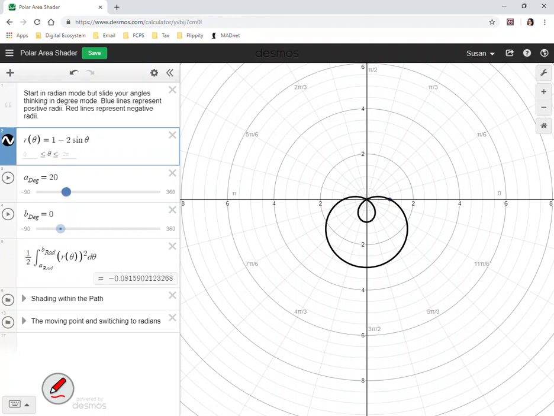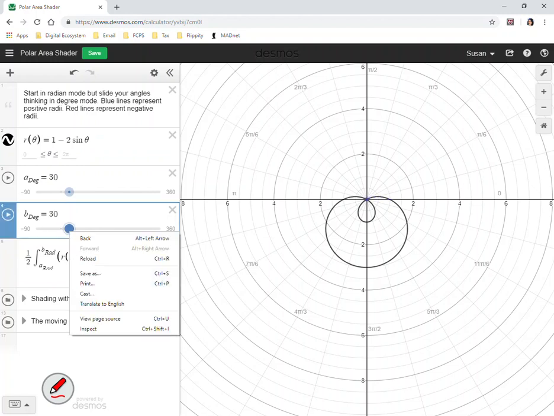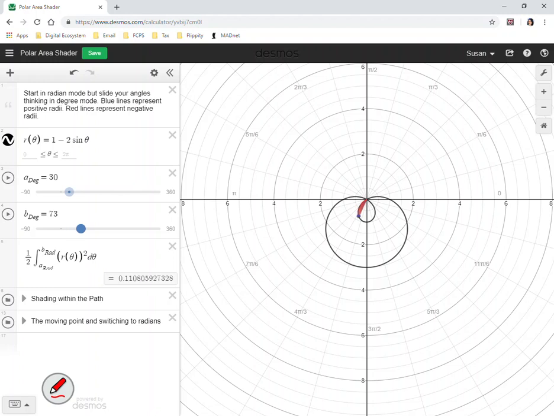We start at pi over 6 and then we end at 5 pi over 6. Yeah, pretty good, right? So that finds our inner loop.